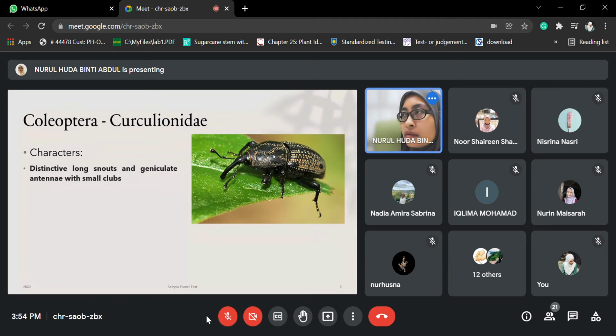Dia macam seolah-olah berlubang tau. Maksudnya dia bukan berlubang, it's just that you imagine, katalah kamu cucuk jarum ke atas span ke apa kan, so dia tinggal kesan macam lekuk kan, so their body is actually covered with that.